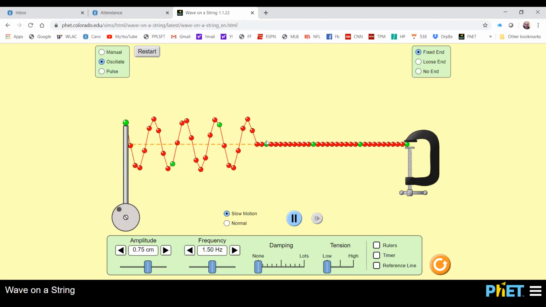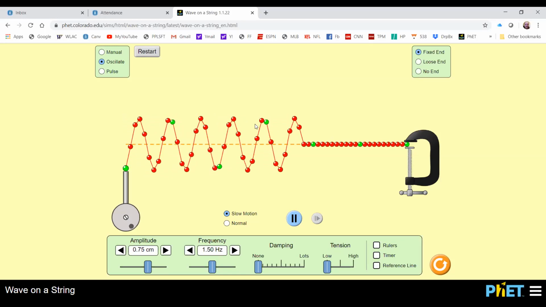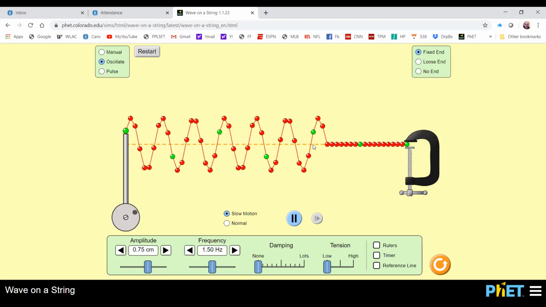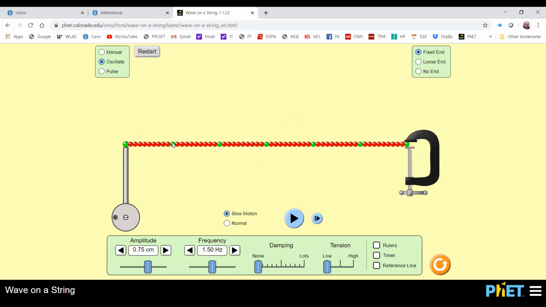But it moves along in the direction of the string, okay? And you can see these wave peaks travel. I'm going to pause that and restart it. Let's pick this first green ball here, right? And we can see that the frequency is related to how many wave peaks pass that.